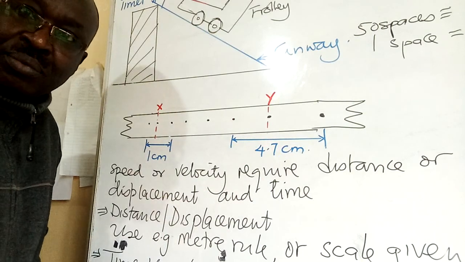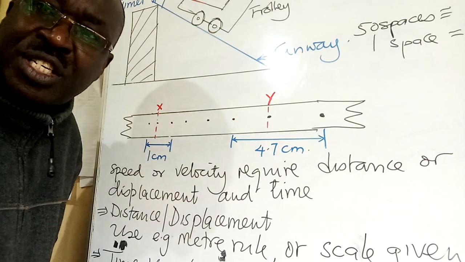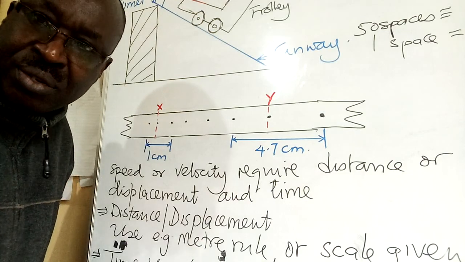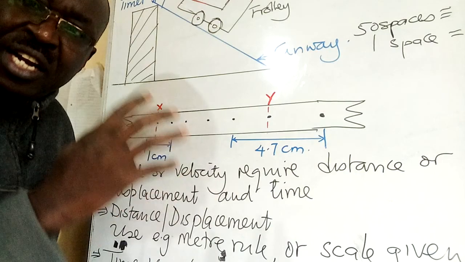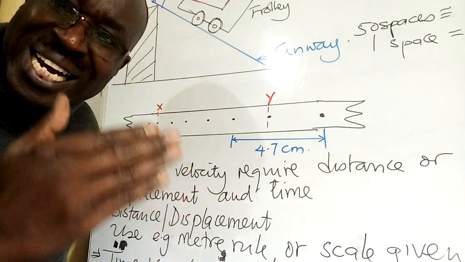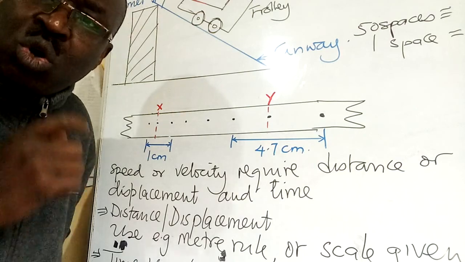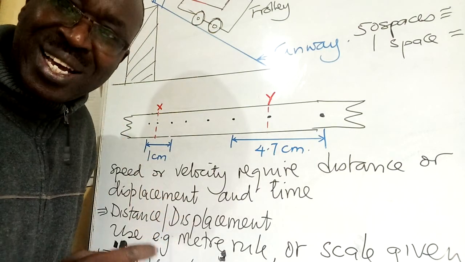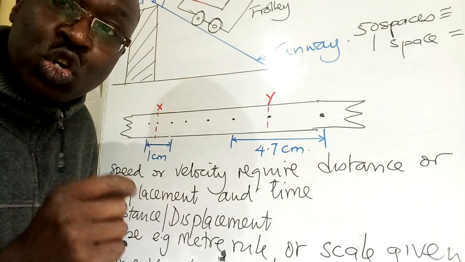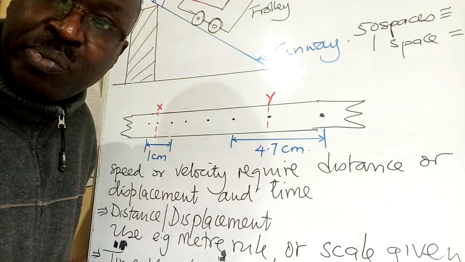Okay? What about if my timer has a frequency of 100 Hz? What does it mean? 100 spaces were created within 1 second. So how long does it take to cover 1 space? Again, I will do cross multiplication. 1 times 1 divided by 100.